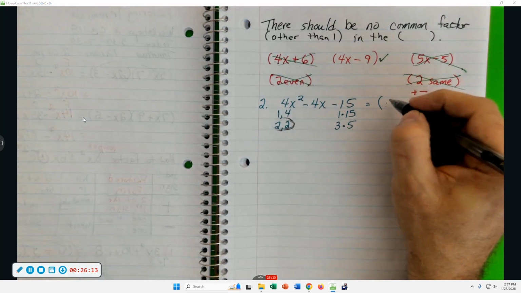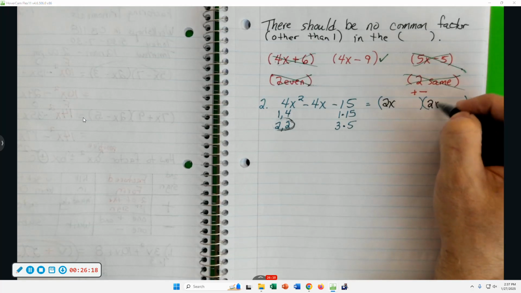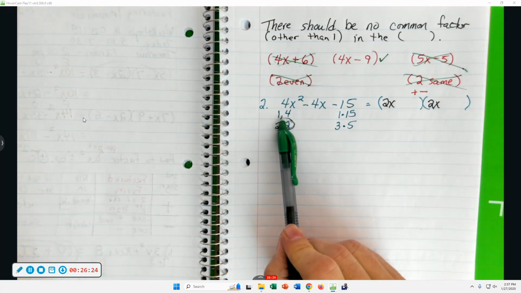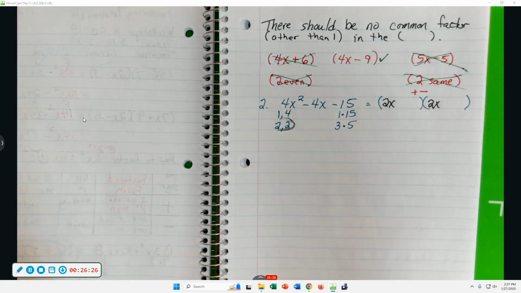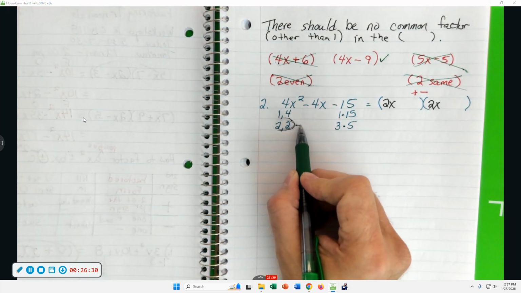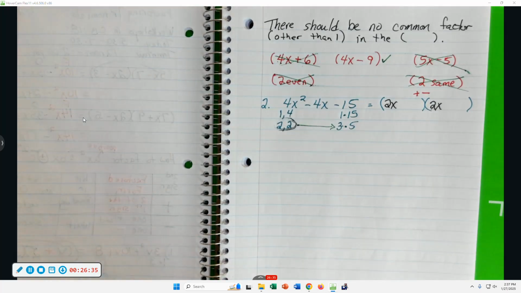So if I tried 2x times 2x, now realize nothing guarantees that I'm not going to be marking this out and trying it again with 1x and 4x. But I'm going to try it like this. I generally start with the numbers that are closest together, and I'll pair them with the numbers that are closest together on the number line.